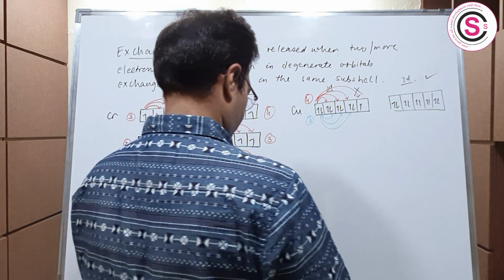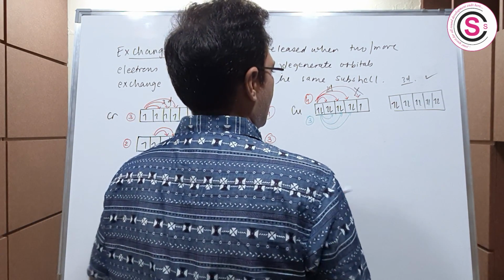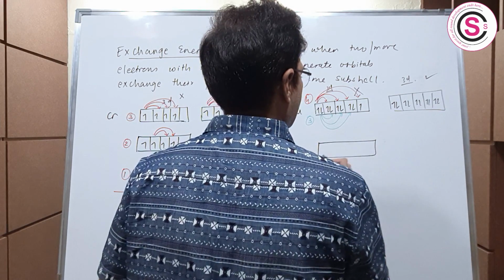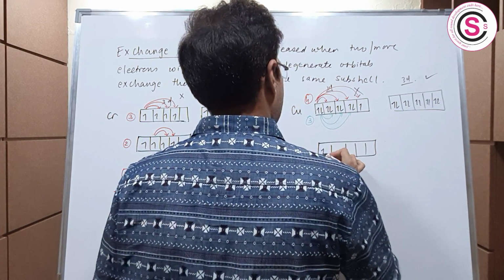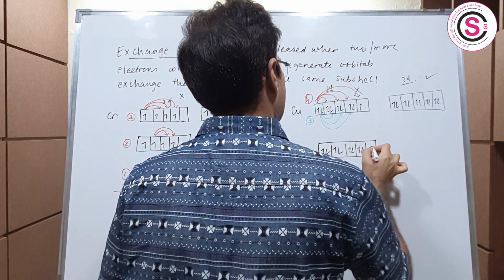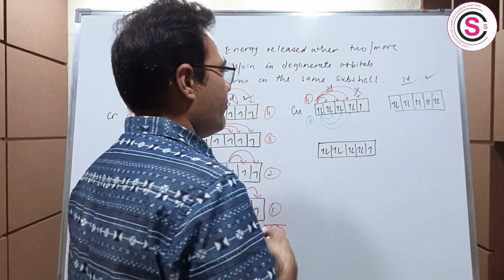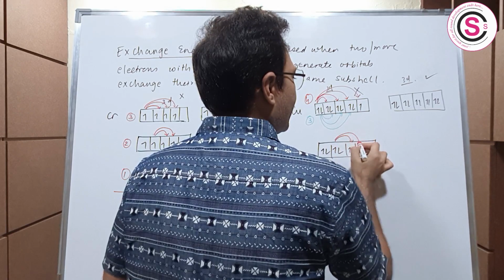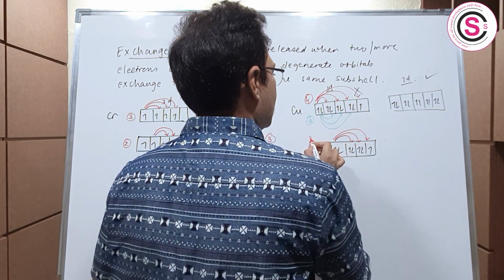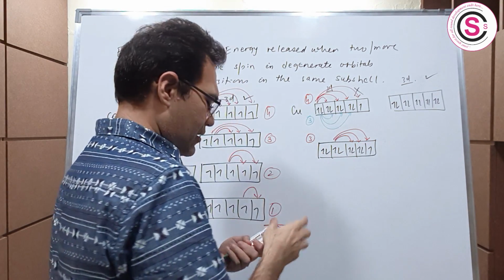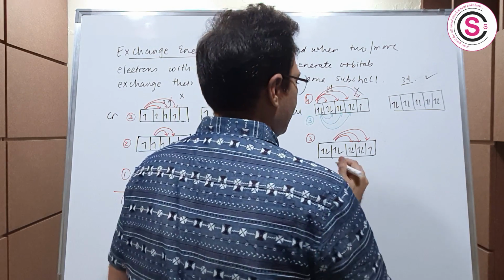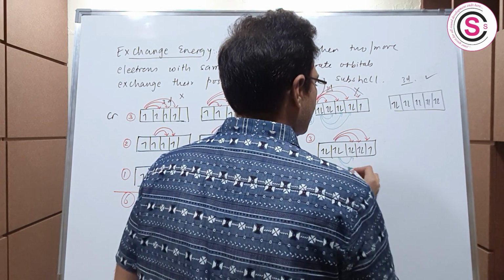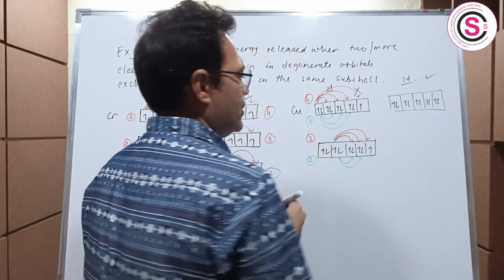Now, if we take the example of the second electron, see students, the second electron can be exchanged like this. 3 exchanges are possible, and here if you see, only 2 exchanges are possible.